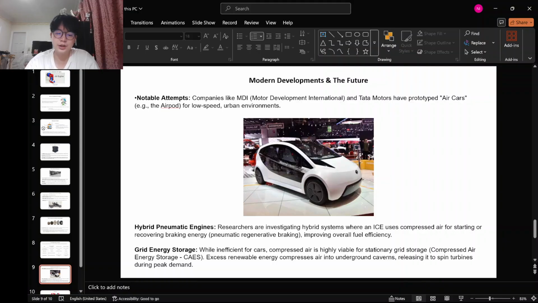Grid energy storage: while inefficient for cars, compressed air is highly valuable for stationary grid storage. Excess renewable energy compresses air into underground caverns, releasing it to spin turbines during peak demand.